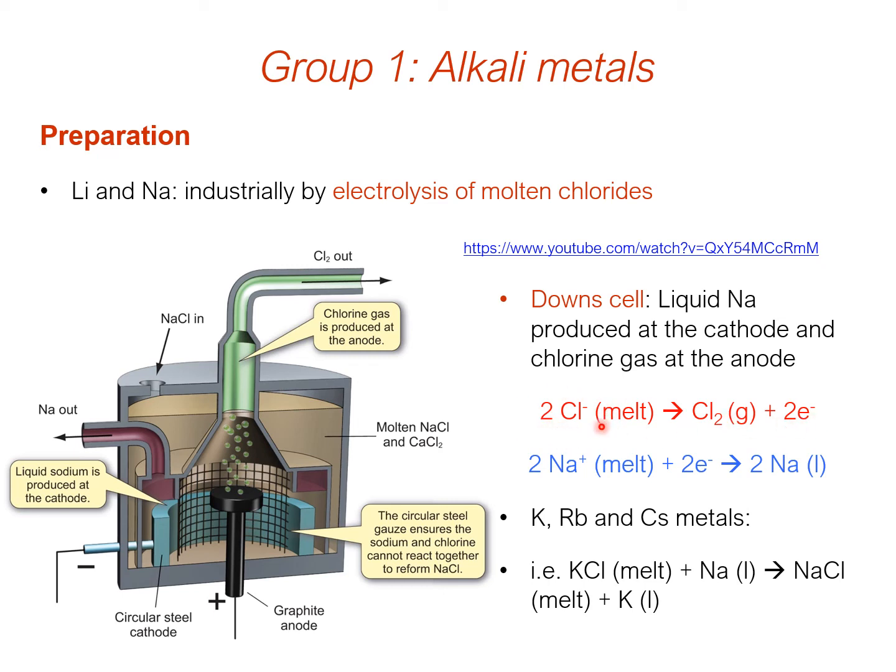So you can see the chloride anion gets oxidized to molecular chlorine, Cl2, and leaves as a gas. Then at the cathode, these electrons reduce the Na+, the sodium cation, into molten sodium metal, and as this is less dense than the sodium chloride melt, it floats and leaves through this tube.